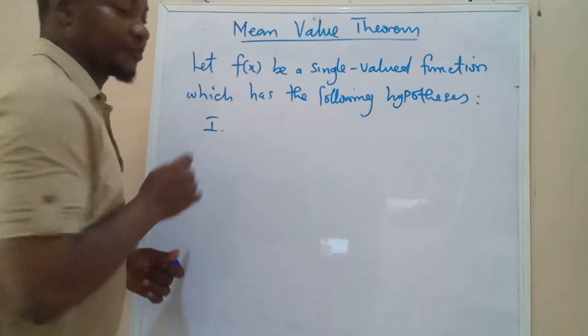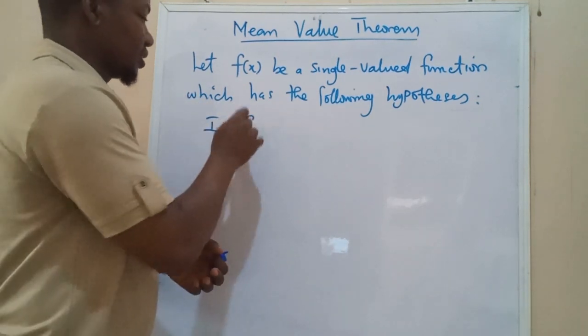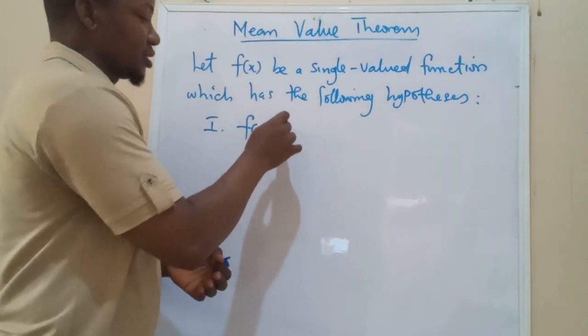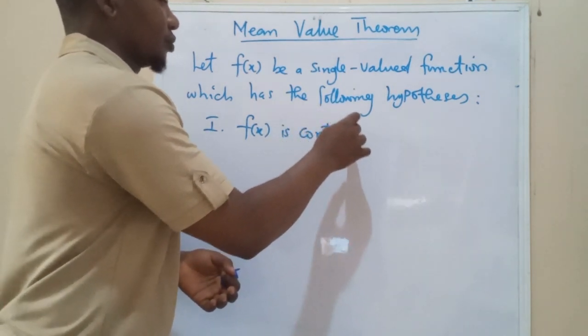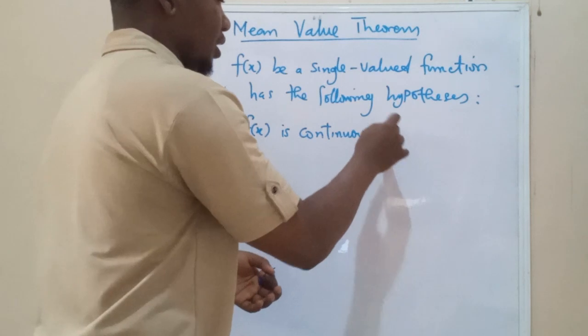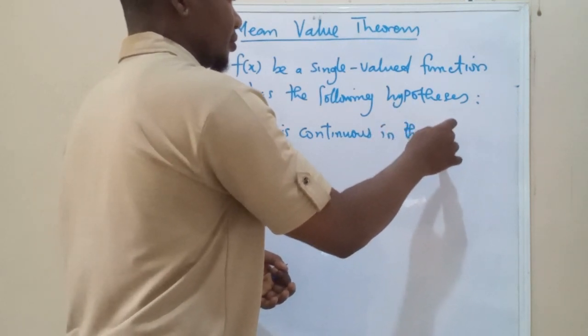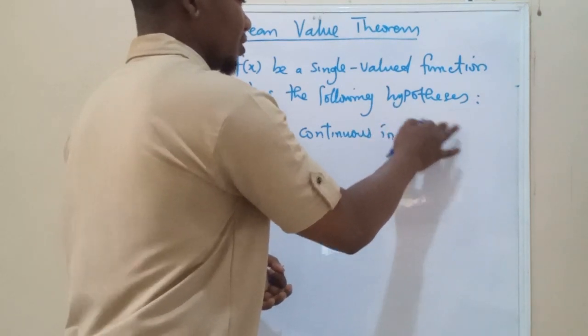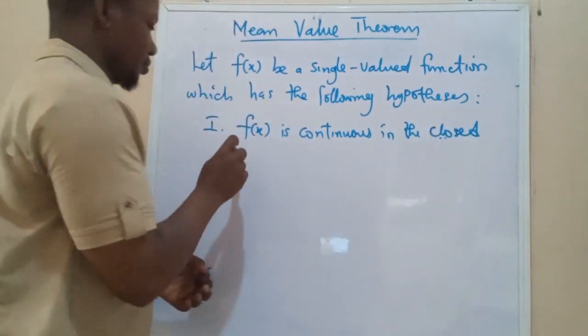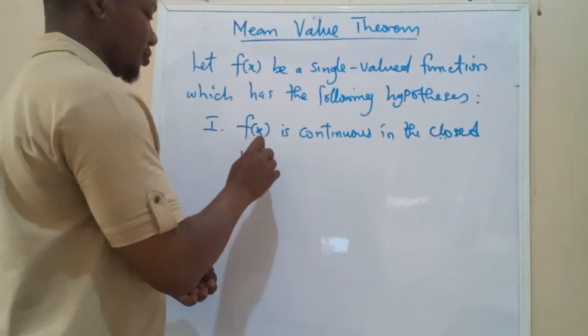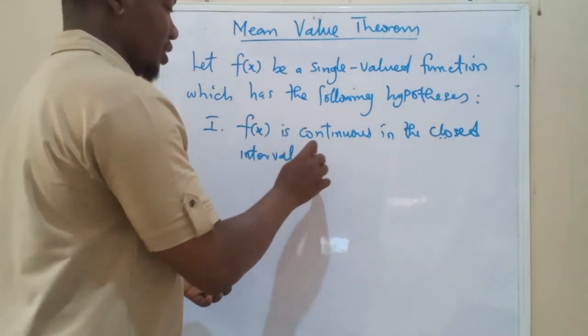Number one, f of x is continuous in the closed interval AB.